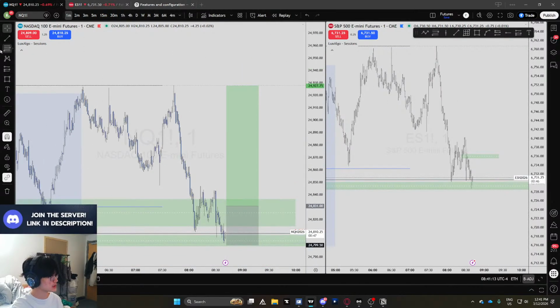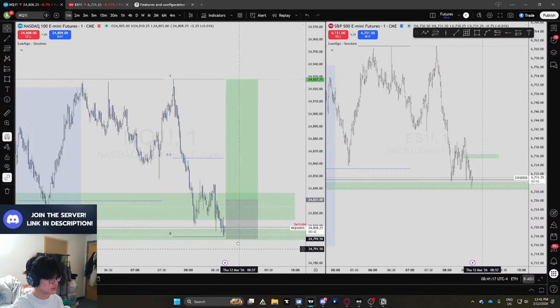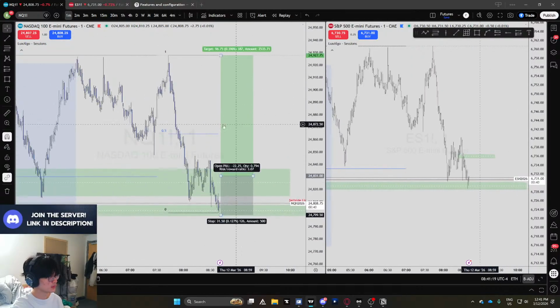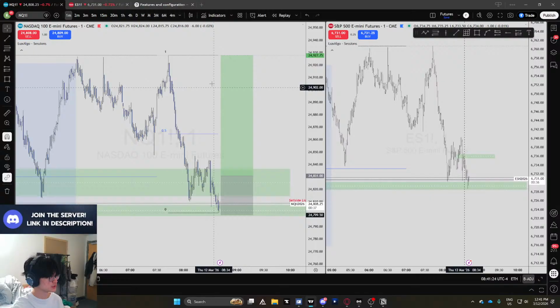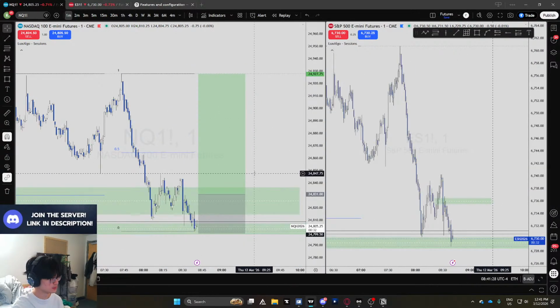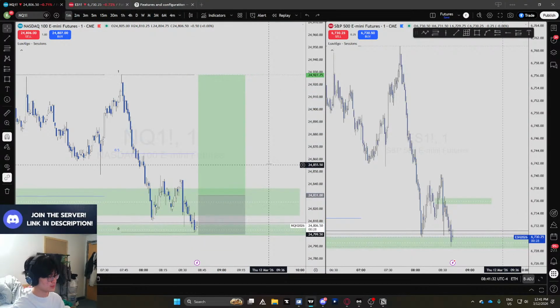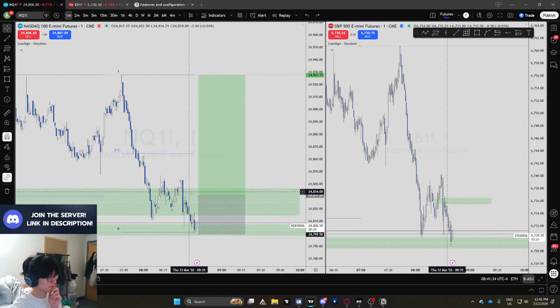Using this dealing range here, say we displace up, partial, then probably partial somewhere along here, and then full take profits there. 7 micros.